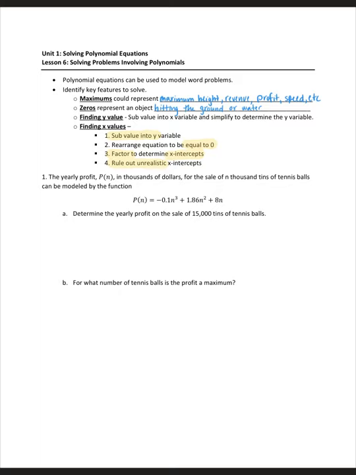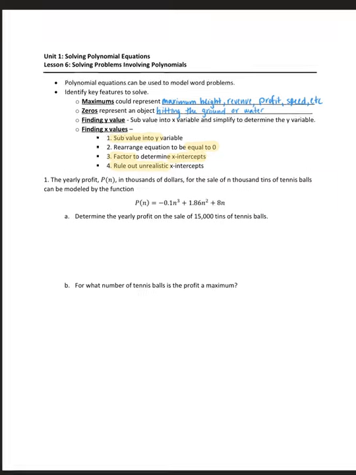The yearly profit in thousands of dollars for the sale of n thousand tins of tennis balls can be modeled by the function p of n equals negative 0.1 n to the power of 3 plus 1.86 n squared plus 8n. It says determine the yearly profit on the sale of 15,000 tins of tennis balls. So 15,000 tins represents our n.